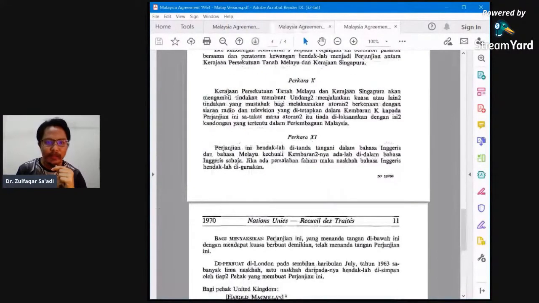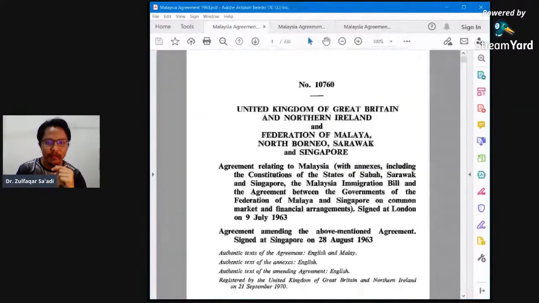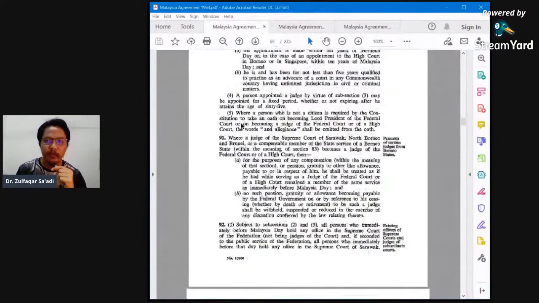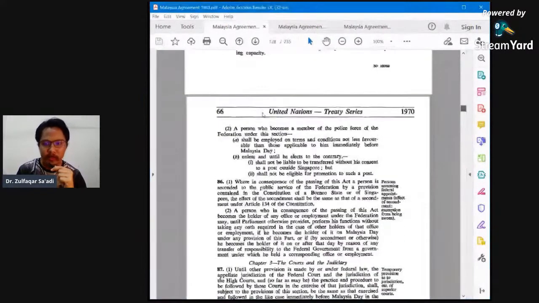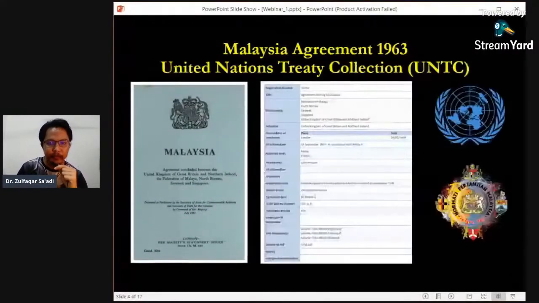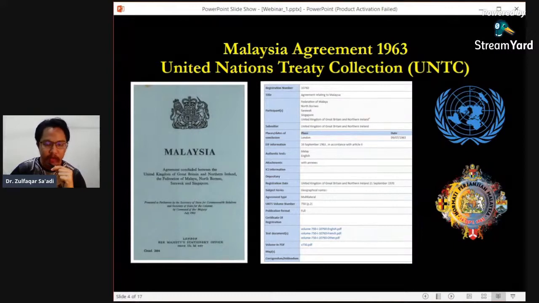This is Malaysia Agreement 1963. So let me simplify what Malaysia Agreement 1963 is. We go to the next slide. Okay, this is the agreement relating to Malaysia. This is the information given in the United Nations Treaty Collection, UNTC.